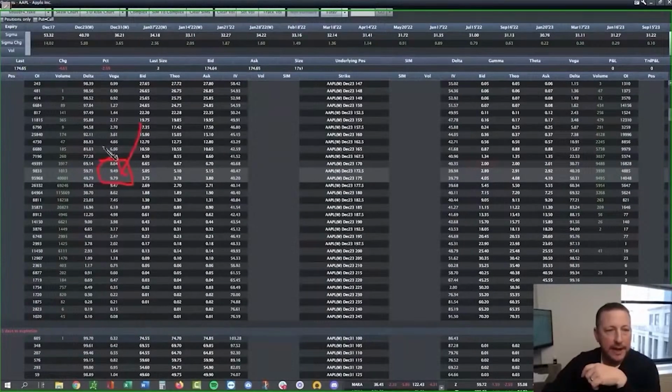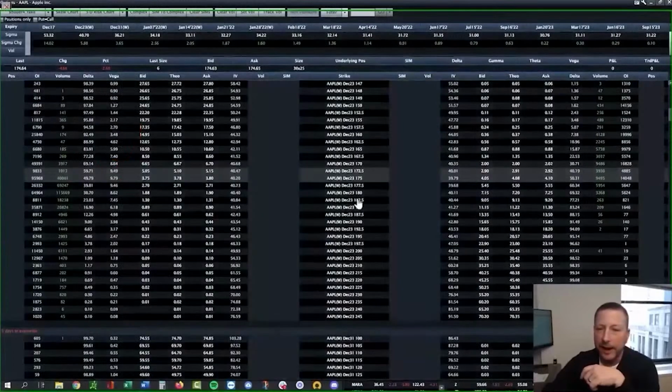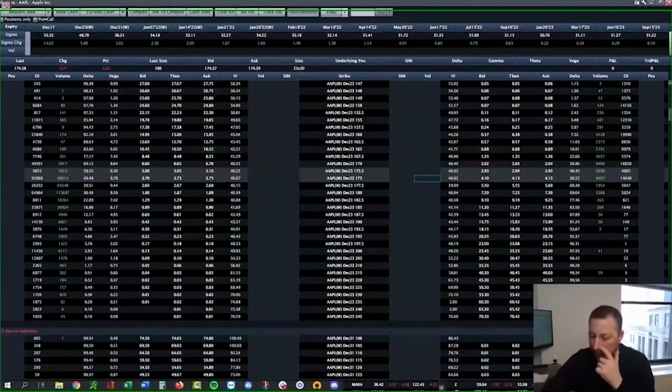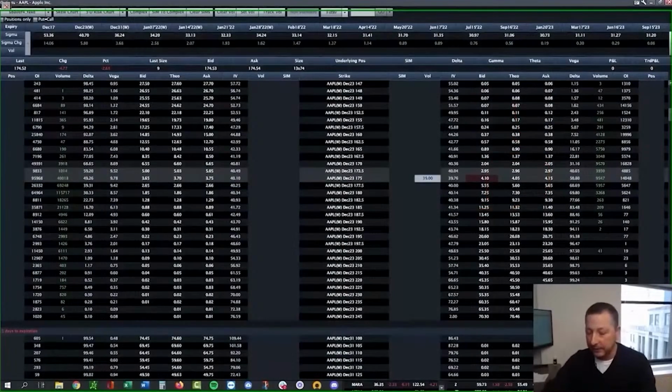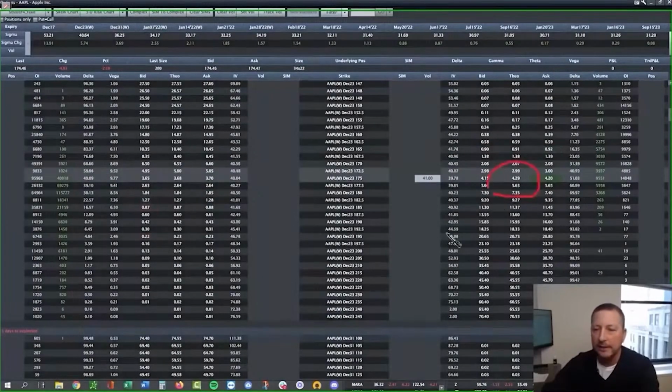So if I go in here and I change the implied volatility on that put, if I lower it 1 point, you can see that the value of that option just dropped by about 10 cents. And if I were to raise it 1 point from where it was, you can see the value of that option just increased by about 10 cents. So the same thing happens to the call and the put.